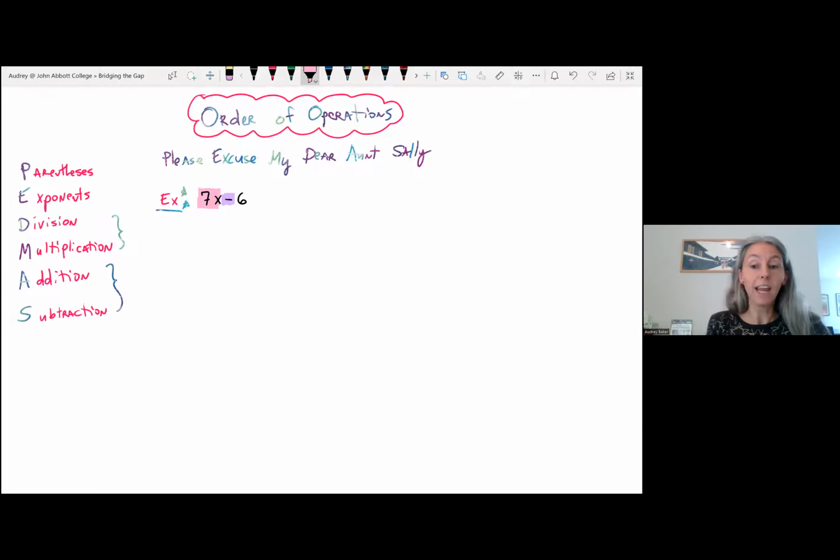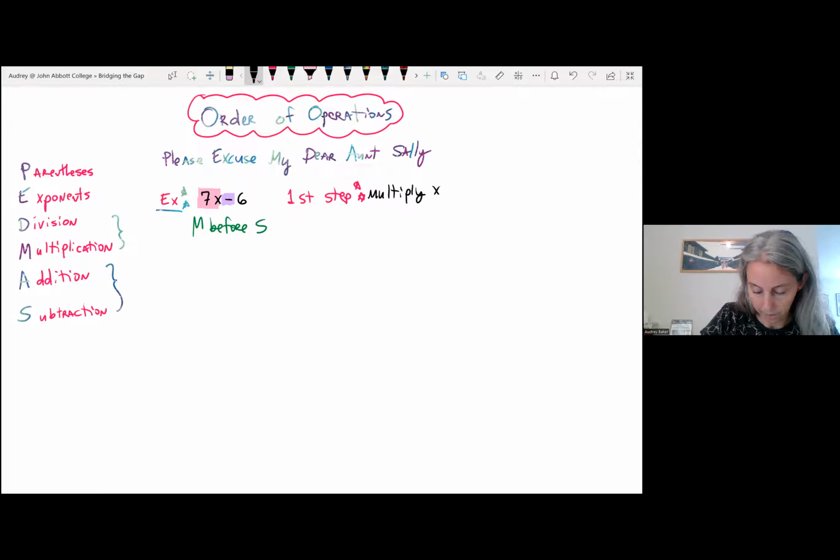So the multiplication comes before subtraction. We have M before S, which means that the first thing we would do to evaluate this would be to multiply the x and the 7 together. It also means that what's happening here is we have 6 less than 7 times x, not 6 less than x all times 7.